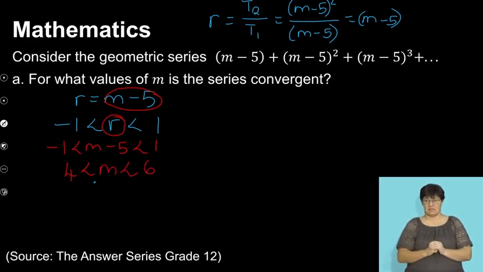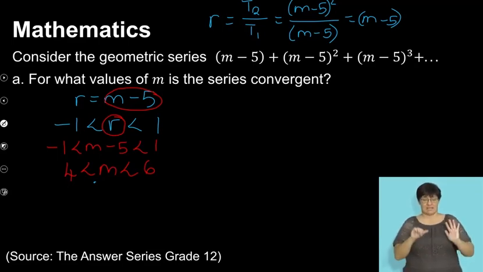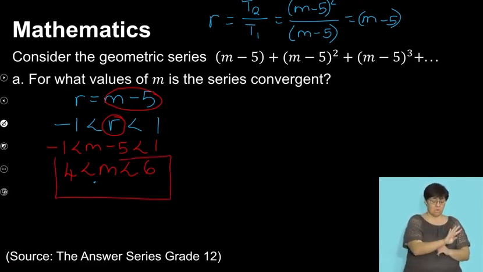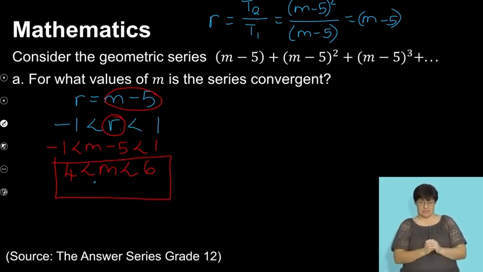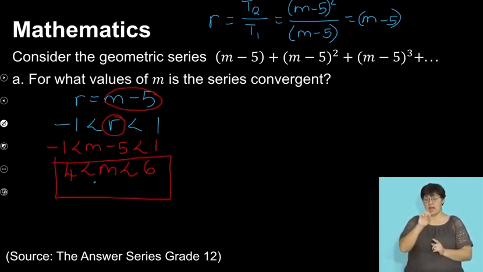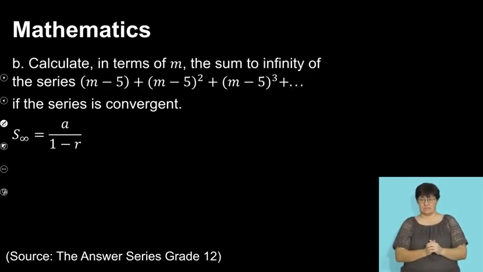So this statement is saying that m has to be greater than 4 but less than 6. So that means for this series to actually be convergent, m has to be between 4 and 6. That will mean that this sum to infinity can be calculated only if m is between 4 and 6. Cool. Let's have a look at B.